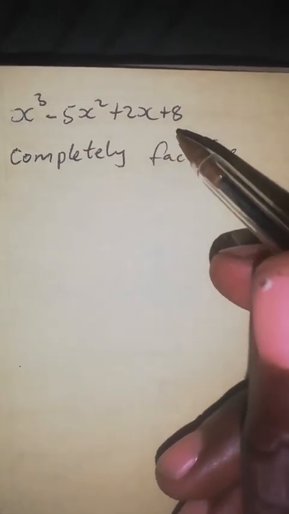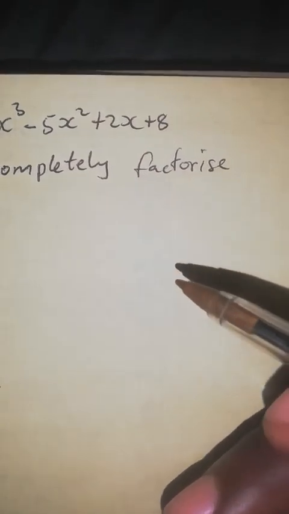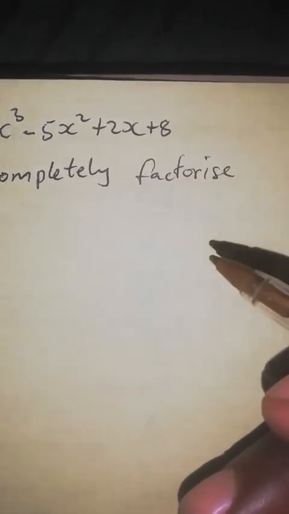For us to use the long division method, we should do the remainder theorem first to find a factor of this. Then we do long division, then we further factorize. So for us to find the factor, let's assume that this is the function of x, guys.